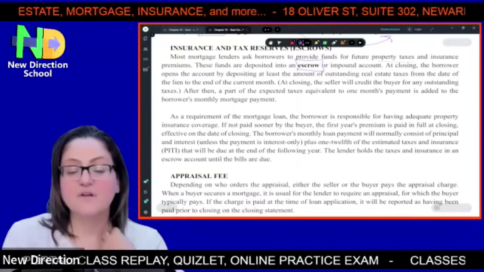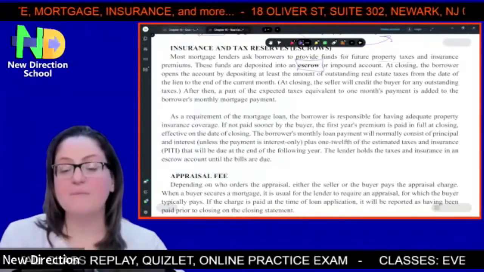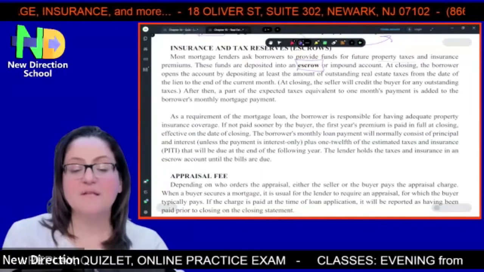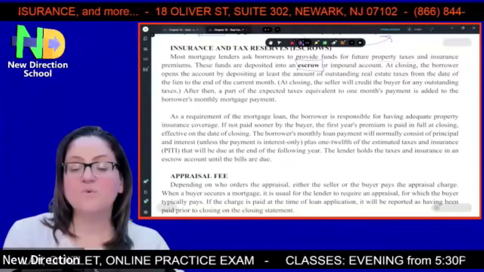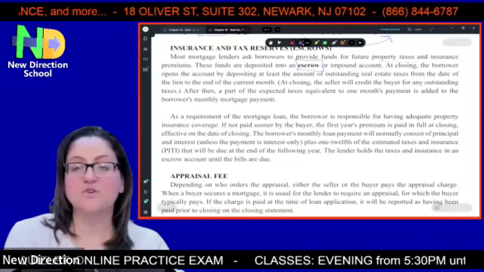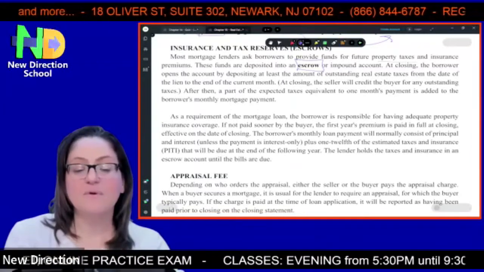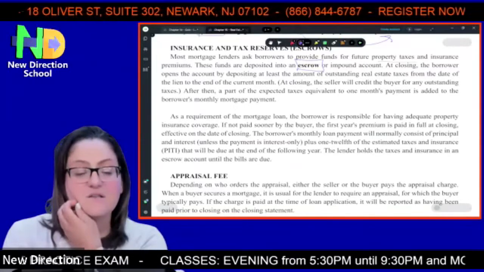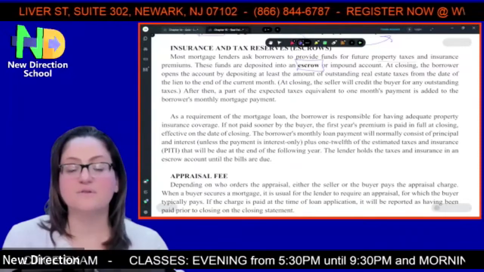Effective on the date of the closing, the borrower's monthly loan payment will normally consist of principal and interest, unless the payment is interest only, plus 1/12 of the estimated taxes and insurance, PITI, that will be due at the end of the following year. The lender holds the taxes and insurance in an escrow account until the bills are due.